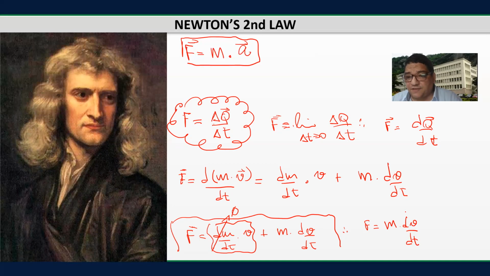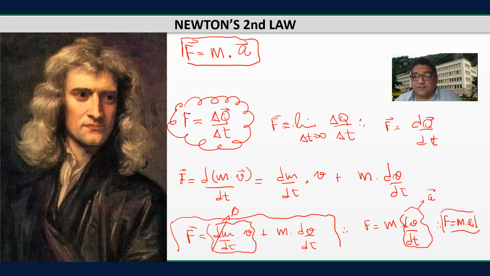And you know that dv/dt is acceleration, right? So we have F equals mass times acceleration. This is the expression that we saw in our college.